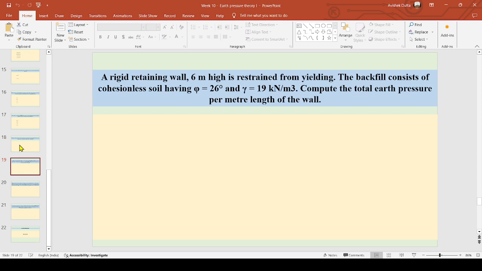A rigid retaining wall 6 meter high is restrained from yielding. The backfill consists of cohesionless soil having phi equals to 26 degree and gamma equals to 19 kilonewton per meter cube. Compute the total earth pressure per meter length of the wall.